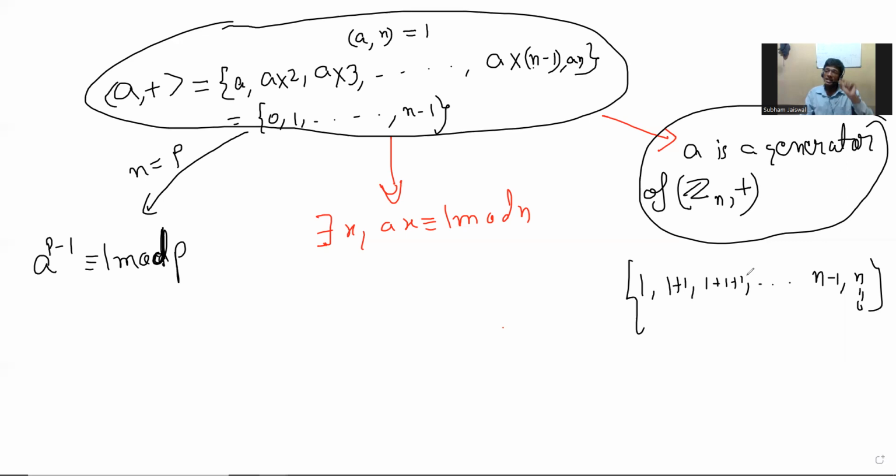Any A that is co-prime to n is a generator. It will give you the entire thing. You can start from there and you can be sure. So it kind of acts like a 1, in the sense that it has an inverse, right?